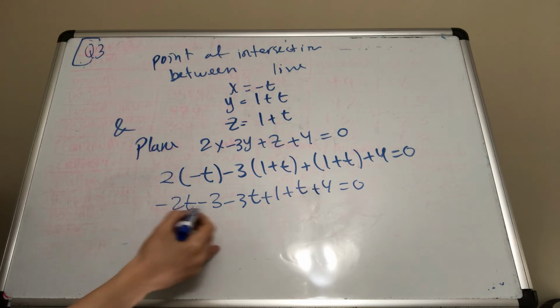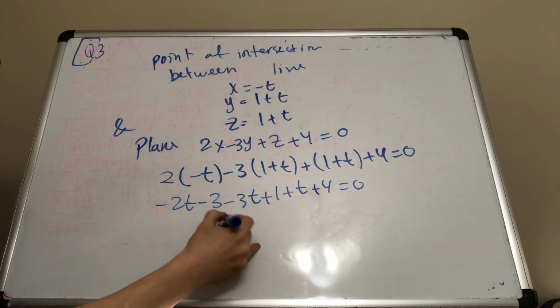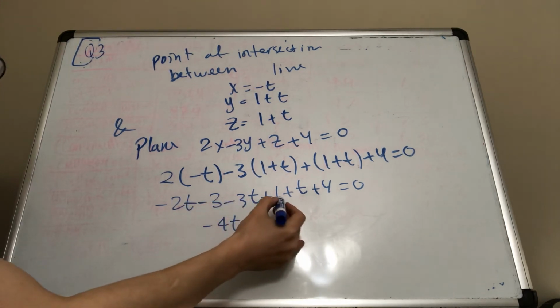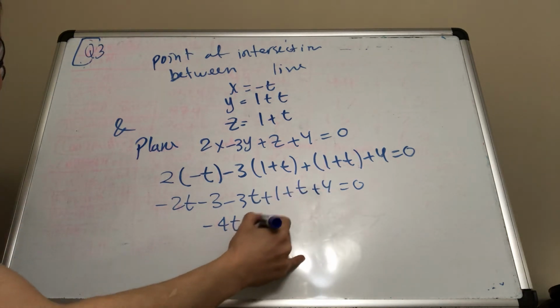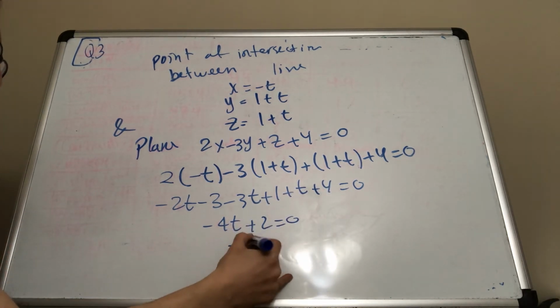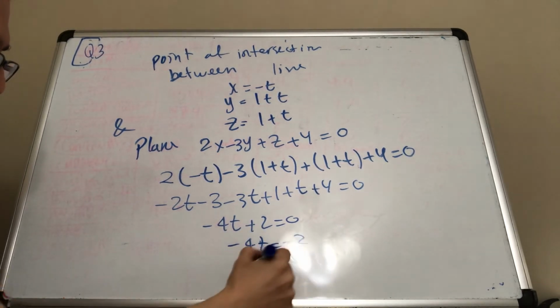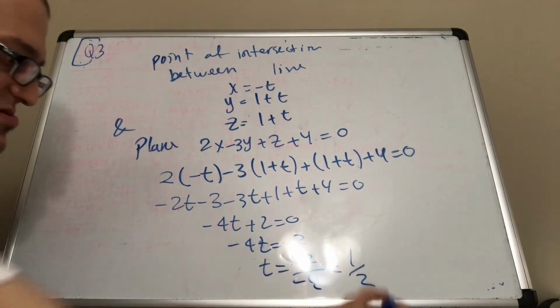You have minus 2t minus 3t plus t is minus 4t. Negative 3 plus 1 is negative 2, plus 4 is 2. You solve for t. So t would be minus 2 over minus 4, which is half.